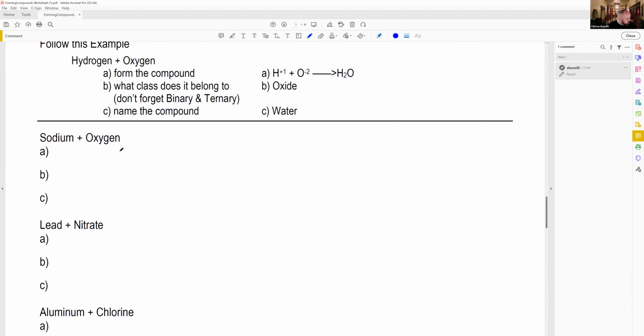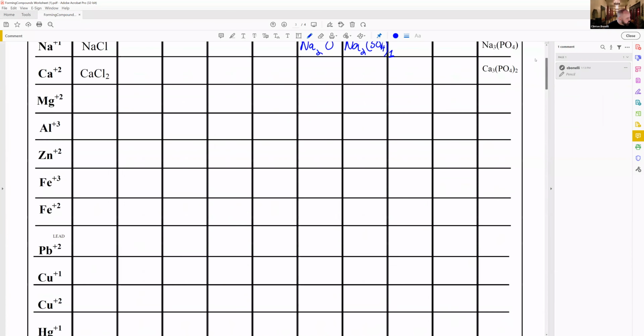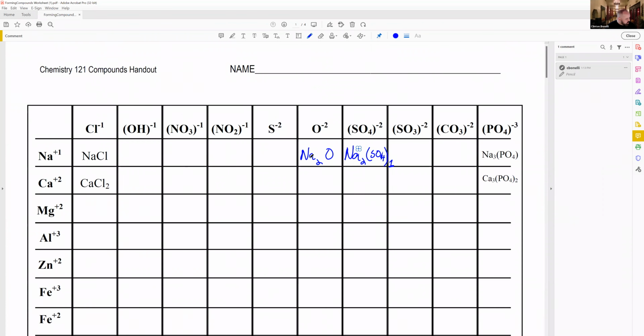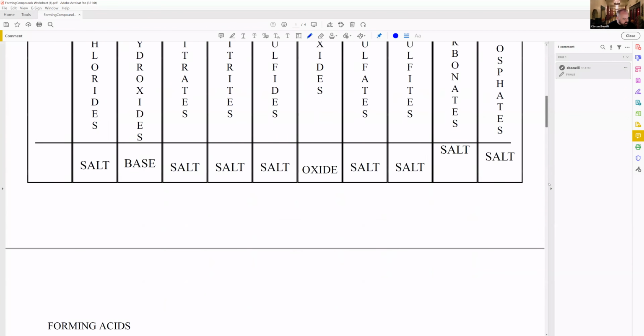Okay, but let's do sodium and oxygen. I can use the previous page where I figured it out already. I already figured out that it would take 2 sodiums for every 1 oxygen.